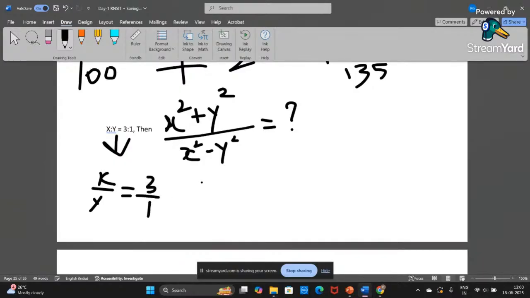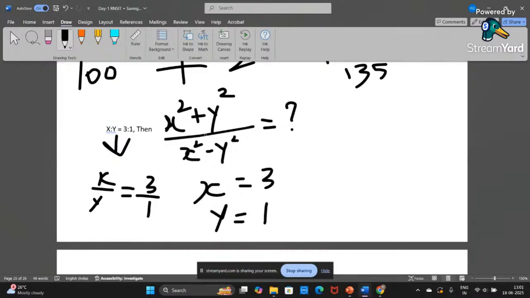That means x equals 3 and y equals 1. I'm writing what they've given in the question, that's it.